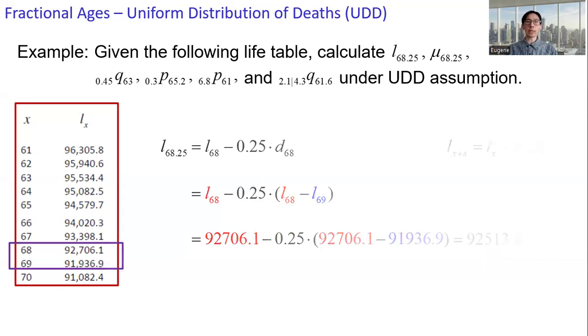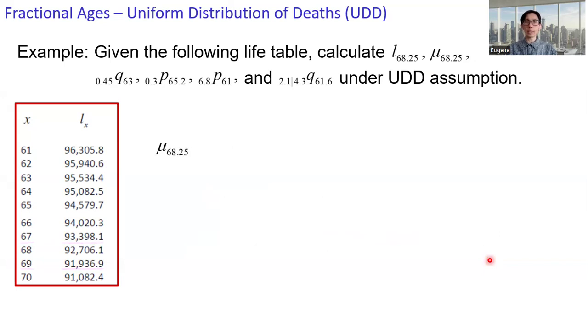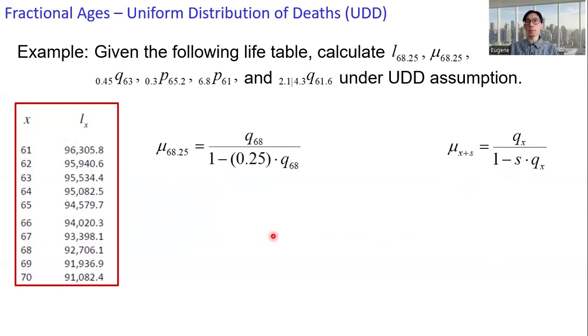All right, the force of mortality, mu 68.25. The corresponding expression for that is qx over 1 minus s times qx. You know that qx is related to dx, and we can make use of the life table to calculate the qx. So we have x is 68 and s is 0.25.